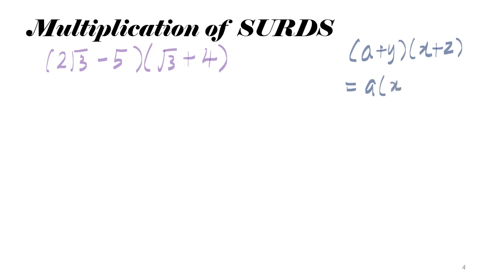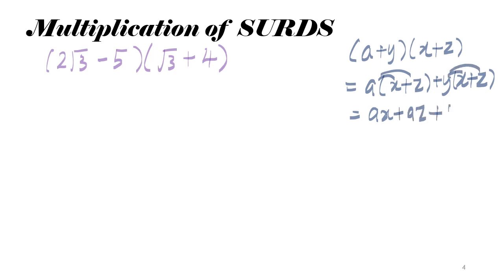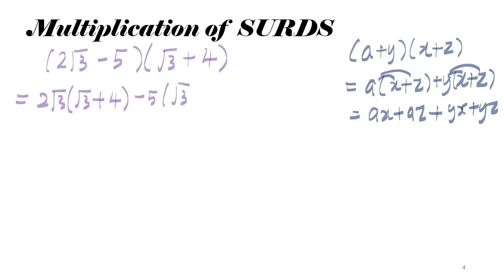Take x multiplied with x plus z, plus y multiplied with x plus z, and then again use the distributive law to expand each term. So the concept that we have used in algebra, you can still use in managing surds. The first step is 2 square root 3 multiplied by square root 3 plus 4, then negative 5 multiplied by square root 3 plus 4.